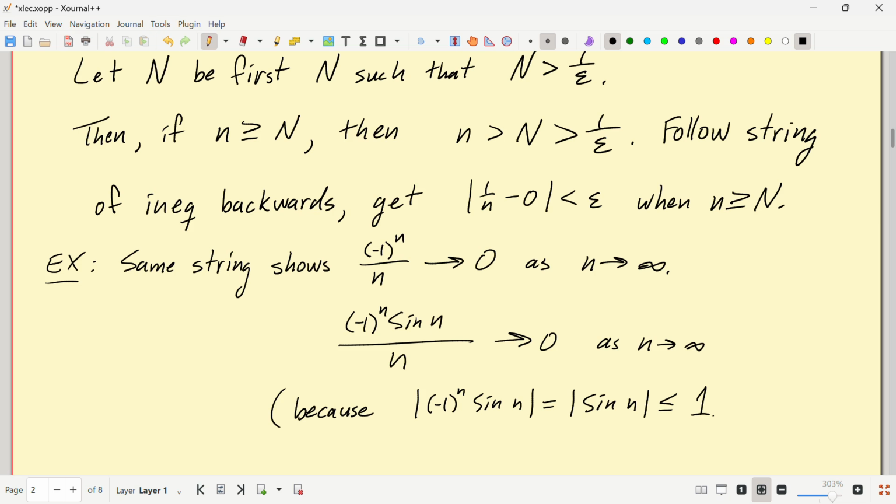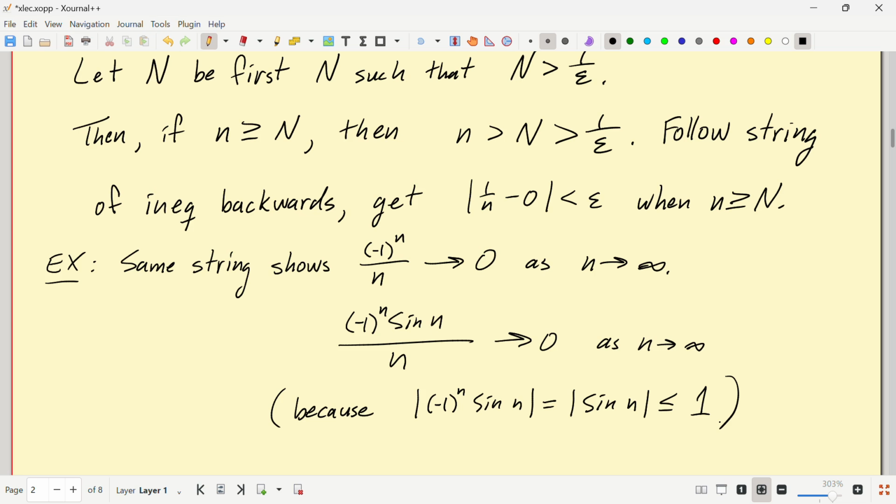And then you think, okay, p over q is close to pi, so p is close to q pi. And sine of q pi is 0. So you would hope that sine of p would be close to 0. Anyway, it's a wild and crazy thing. It's bounded by 1, so that's all I care about in this example. But it's a fun sequence to think about in the future.